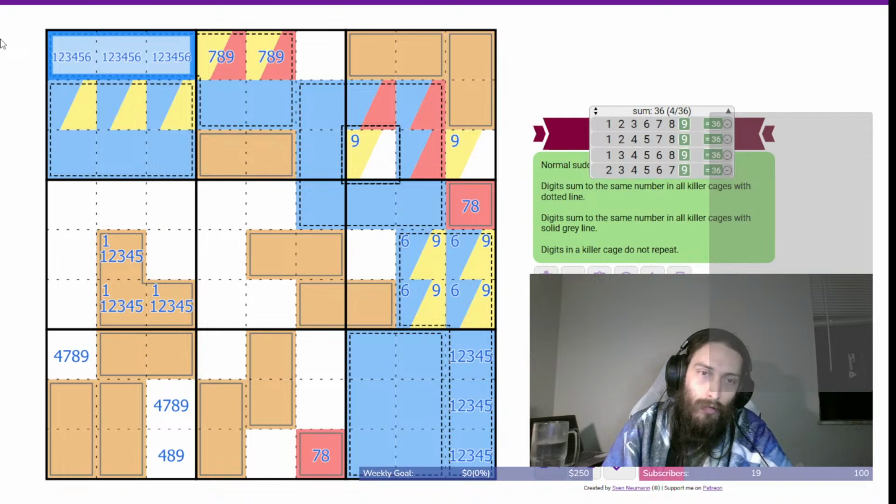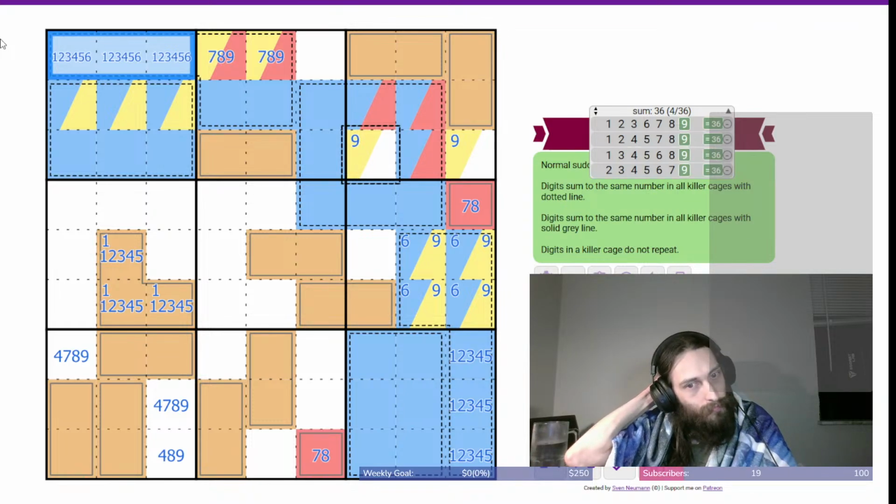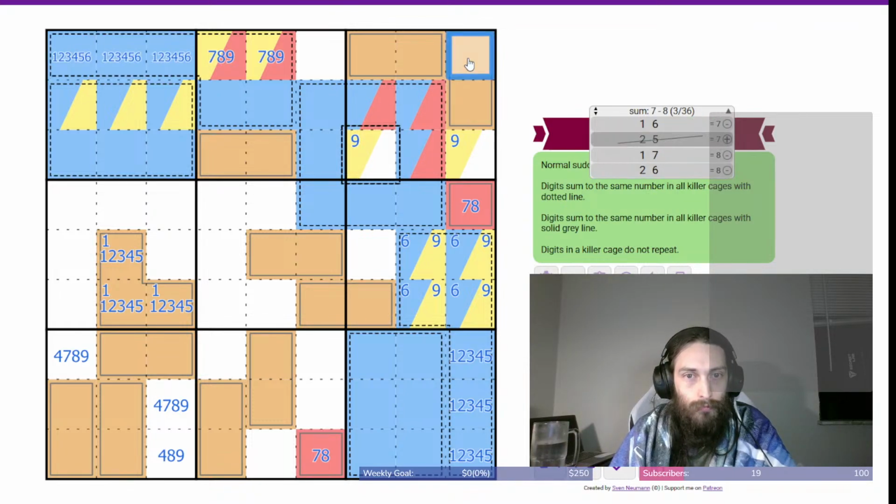On this side, the bottom digit would have to be the low digit, because 9 in 3 digits is going to take 2 from 1, 2, 3.